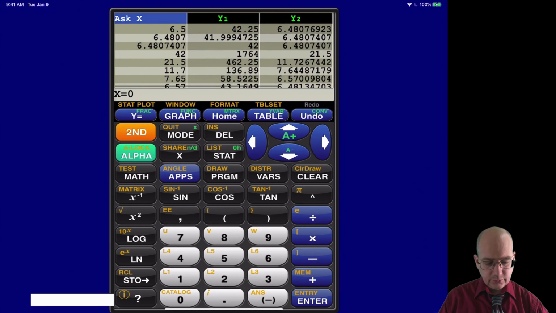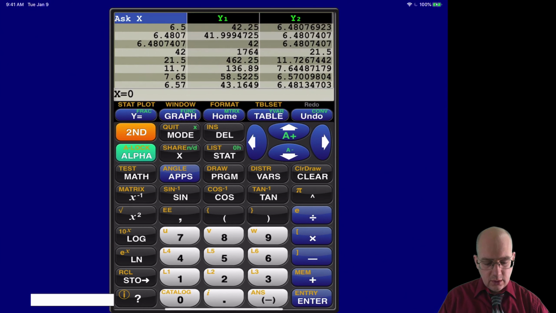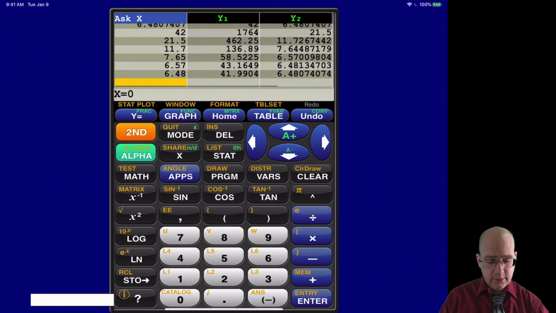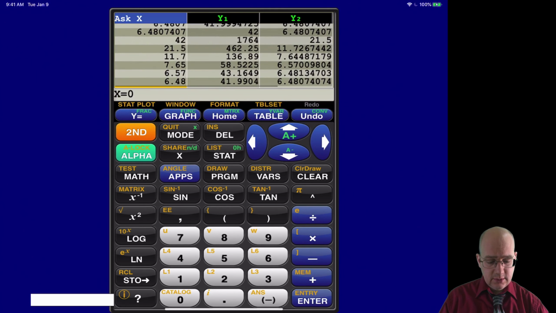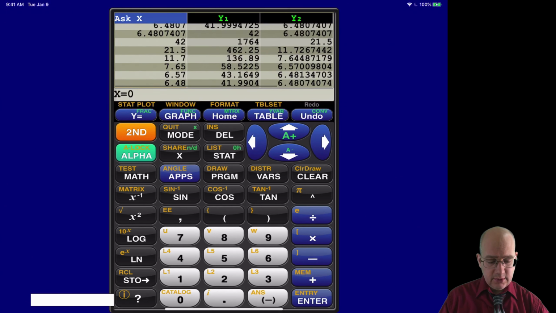So even starting at a terrible guess, 42 is a terrible guess for the square root of 42, it still is like, what, 1, 2, 3, 4, 5, basically six steps to get to the end. It's crazy. It's so good.